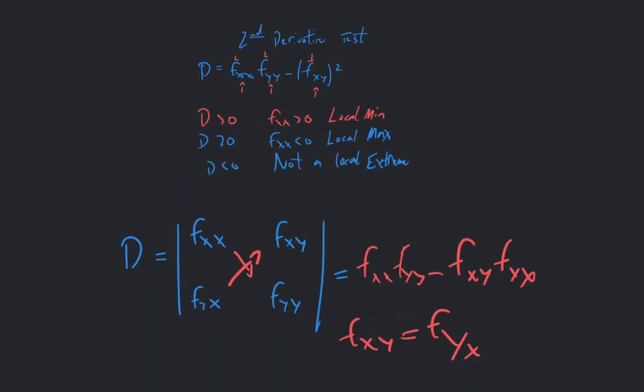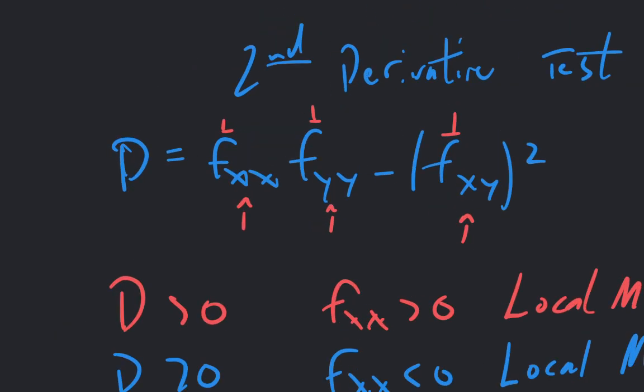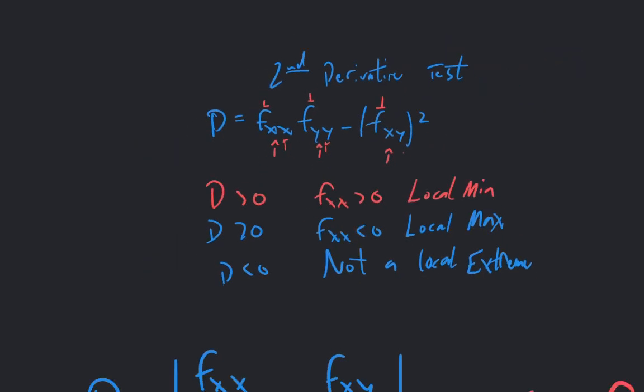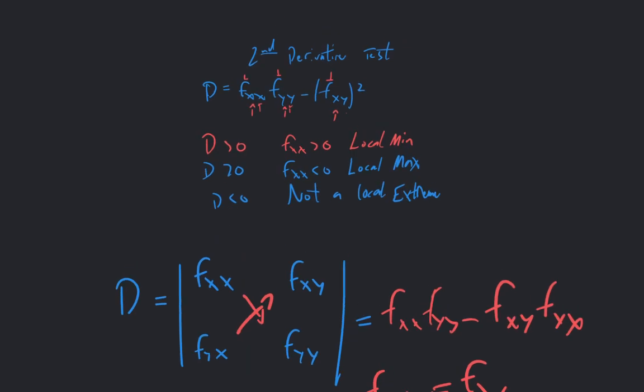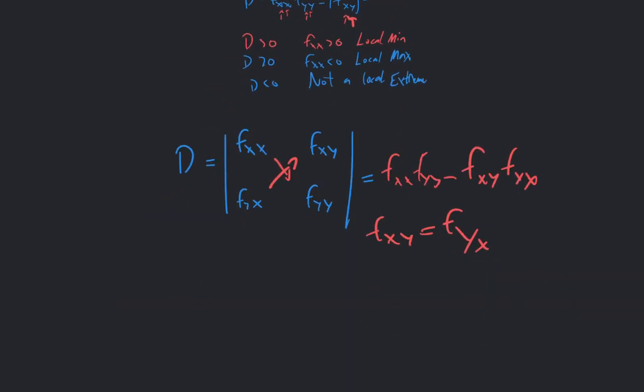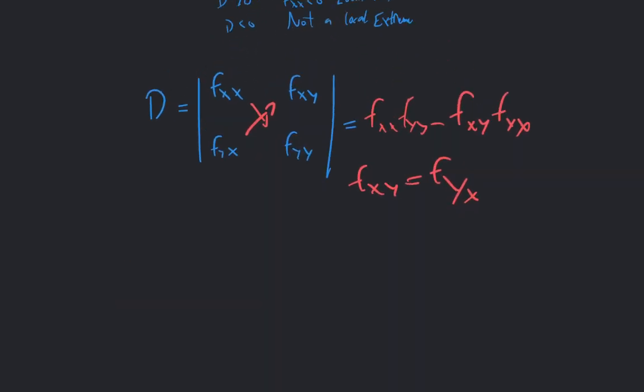So these are just taking the derivative of f with respect to x twice, or y twice, or x and then y, or y then x. Doesn't matter. They're both the same for this one anyway. So this is when we have f of x, y. We're going to have this sort of determinant.